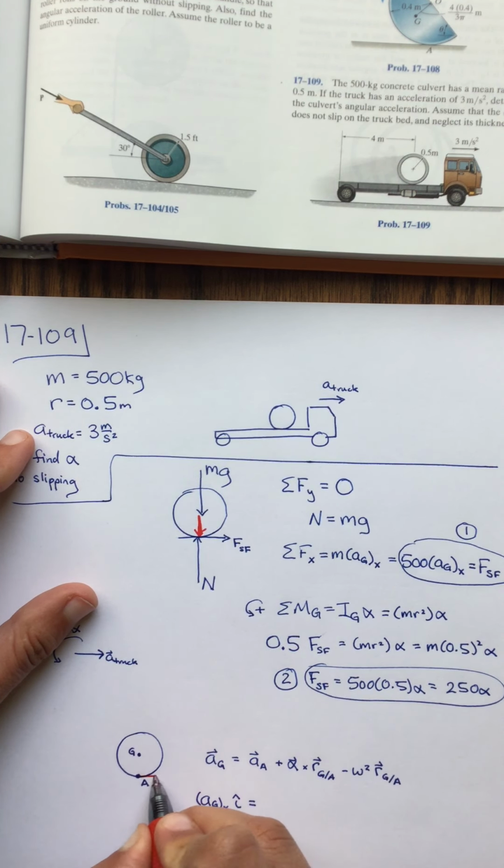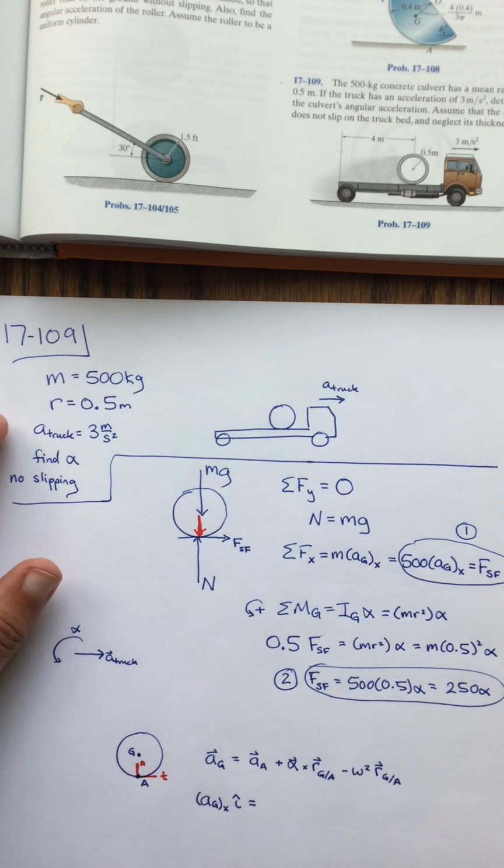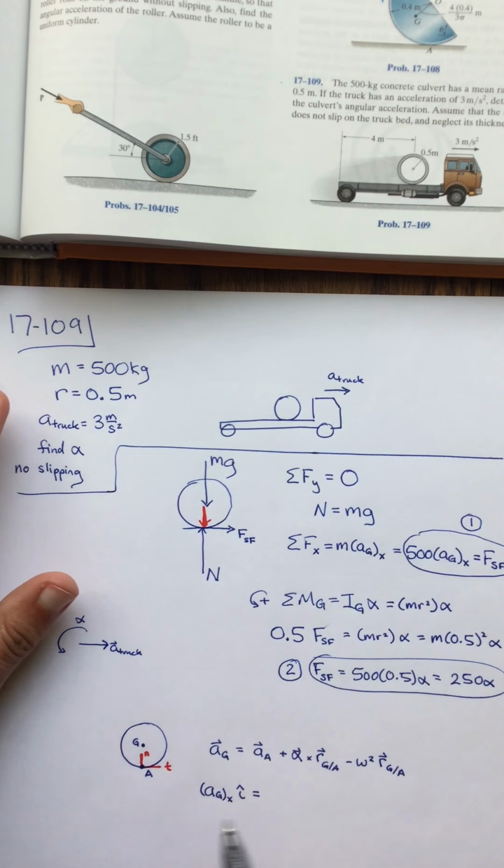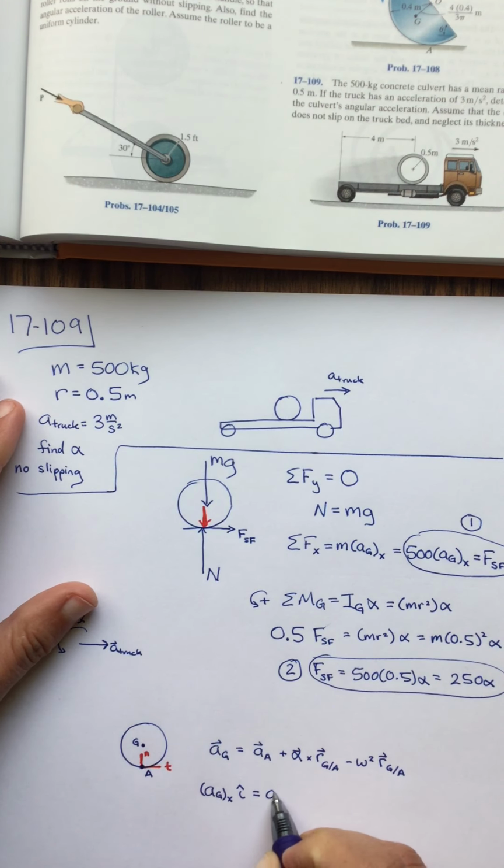The tangential component is pointing this way, the normal component is pointing this way, but since I used x and y components up here, I want to say the tangential component is going in the x direction, so I have a tangential component for point A going in the i hat direction.